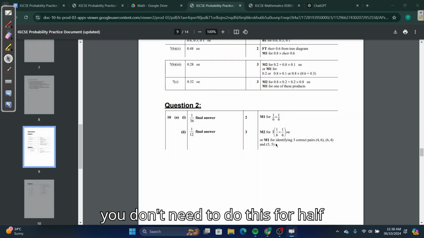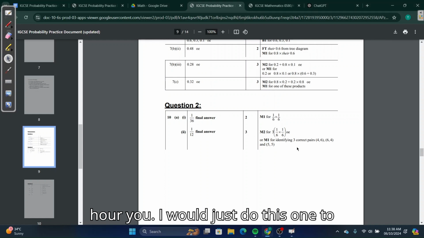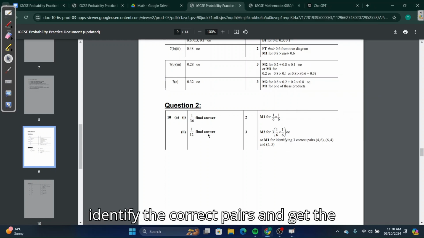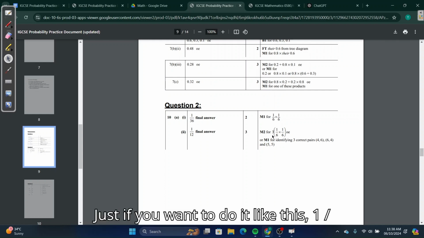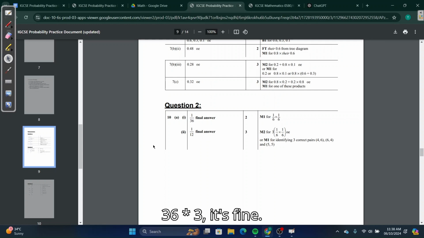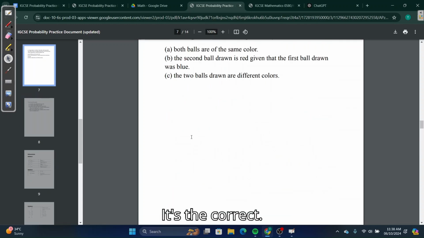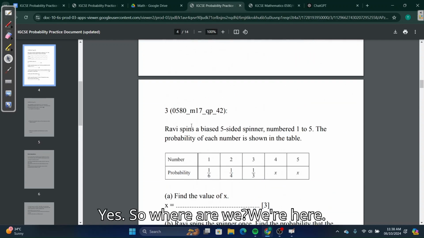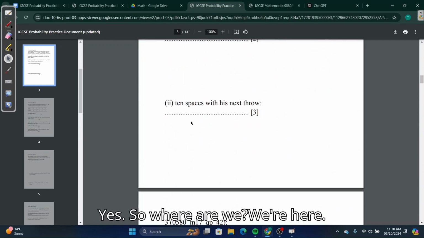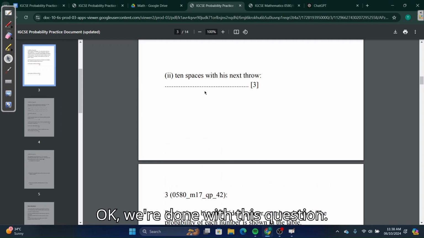You don't need to do this. So honestly if I were you, I would just do this one to identify the correct pairs and get the final answer by doing 3 over 36. But if you want to do it like this, 1 over 36 times 3, it's fine. Because in the end there are 3 correct pairs. So where are we? We're here. Okay. We're done with this question.